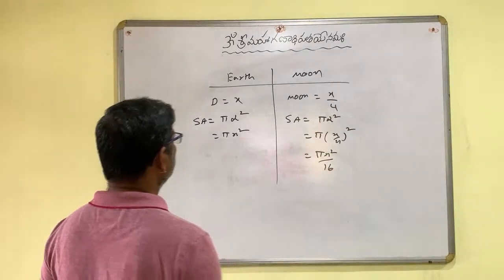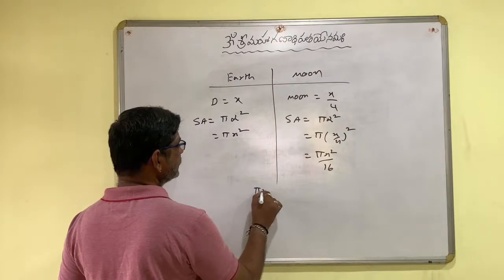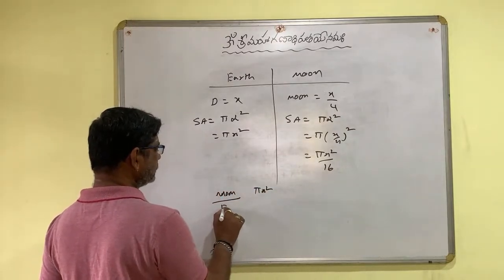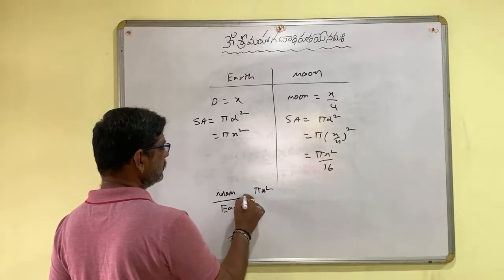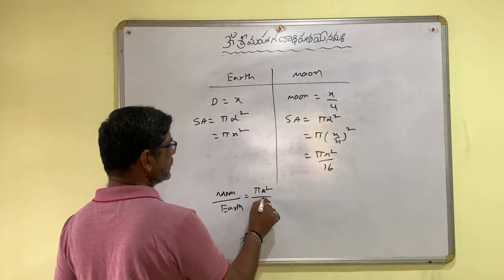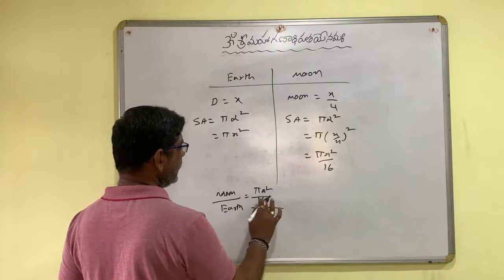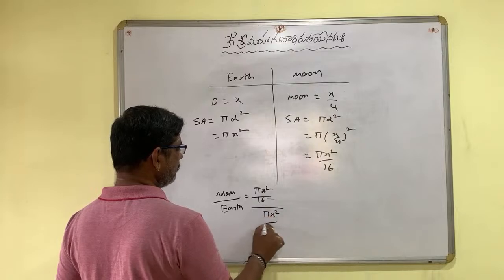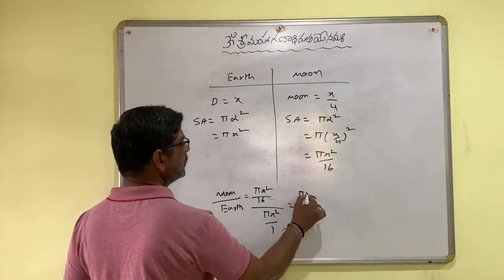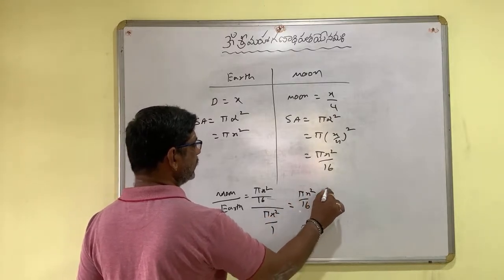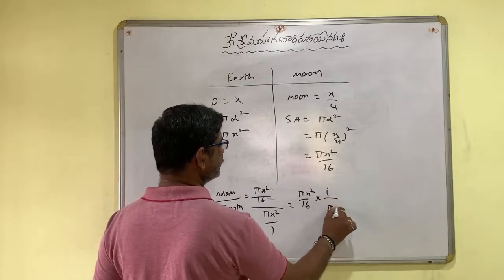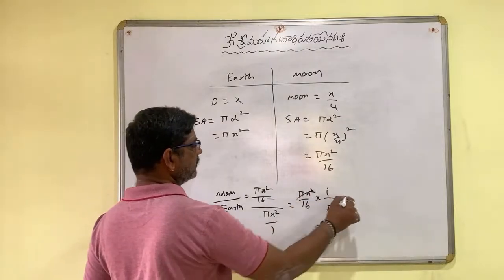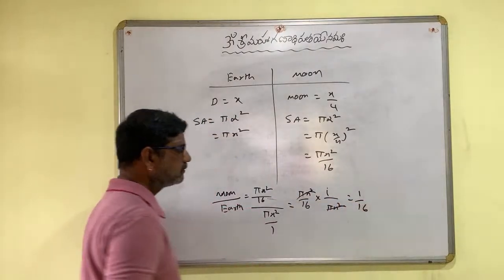Now the ratio. Moon surface area by earth surface area: pi x square by 16 divided by pi x square by 1, which is pi x square by 16 into 1 by pi x square. Pi x square gets cancelled, giving 1 by 16.